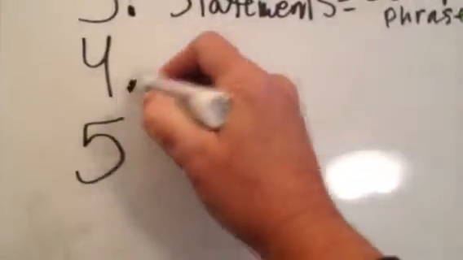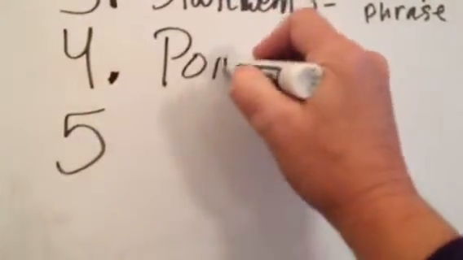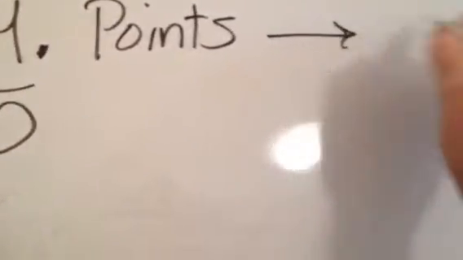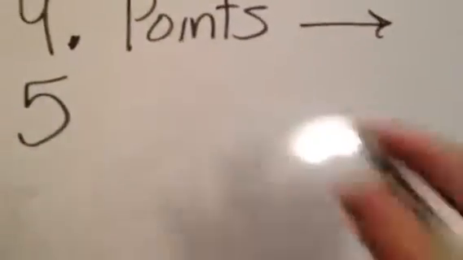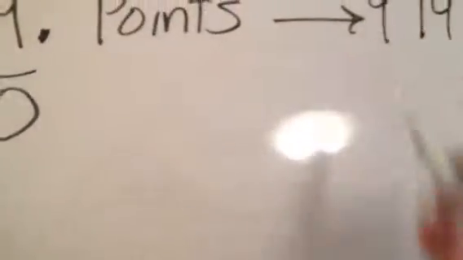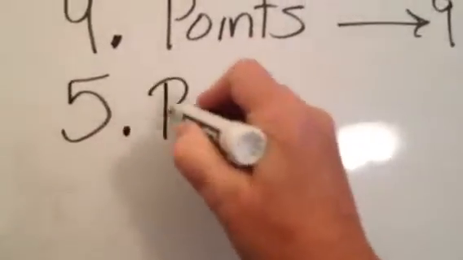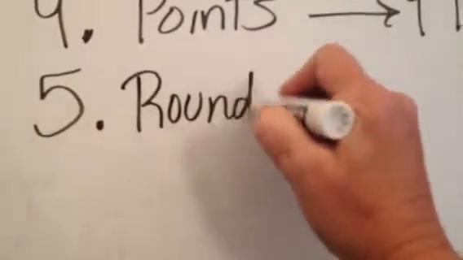And then the next thing we need to learn, of course, are the points. I'm going to do points in just a minute on the whole board here. There are 9 points or 14 points depending on which round we use, which brings us to number 5: we have to learn the 2 rounds.